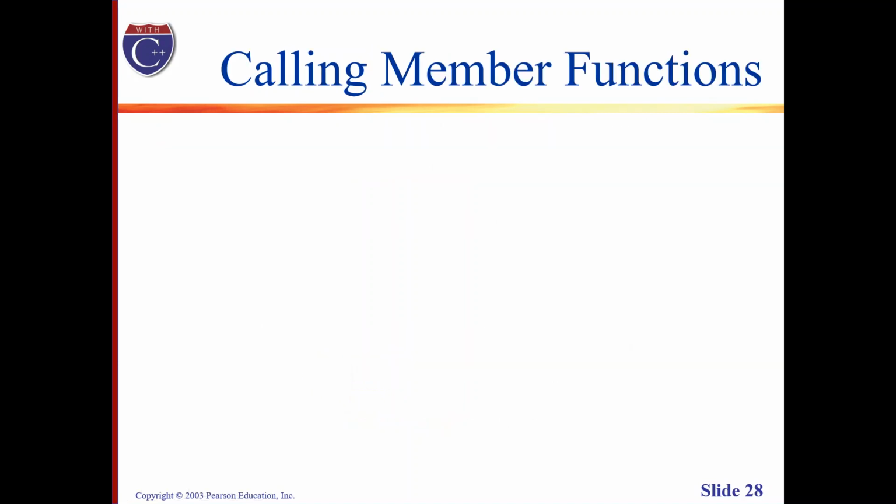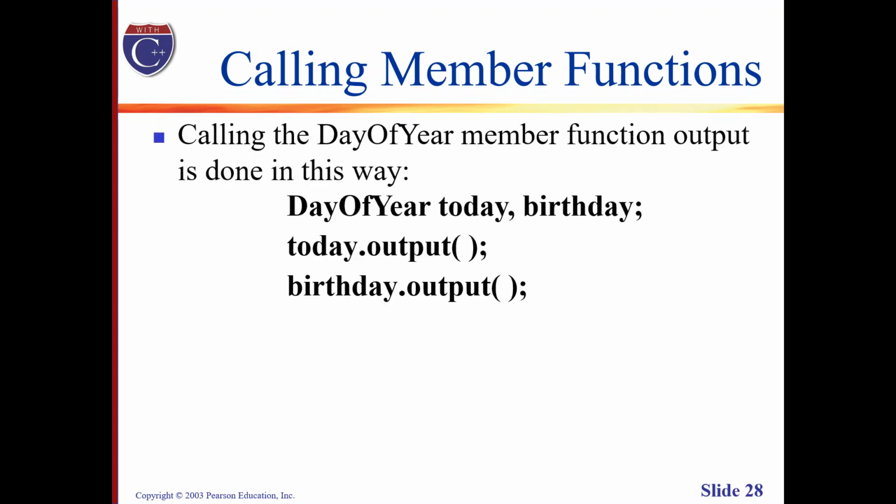Now, how do we call member functions? Calling the DayOfYear member function output is done in this way. For example, we declared the following of type DayOfYear. For example, we would like to call their respective member function output.